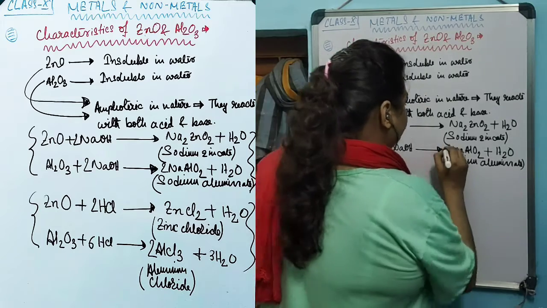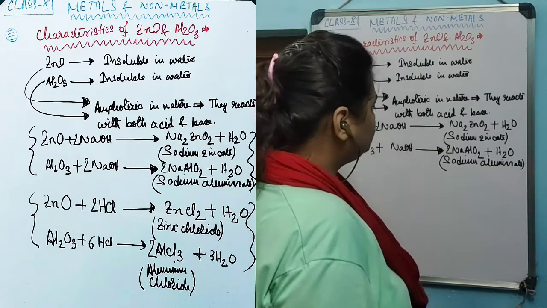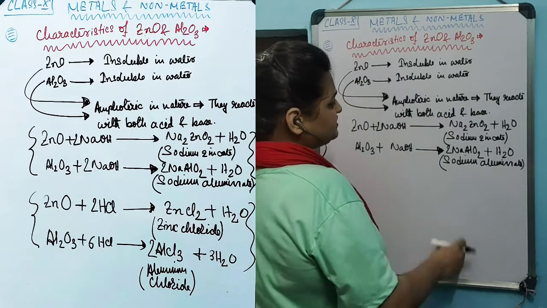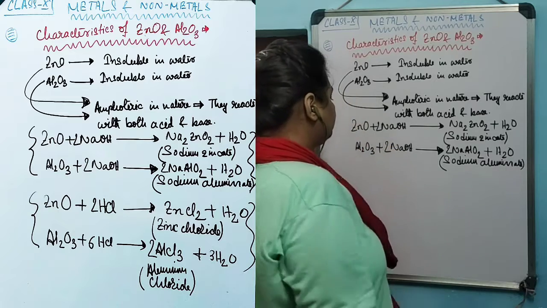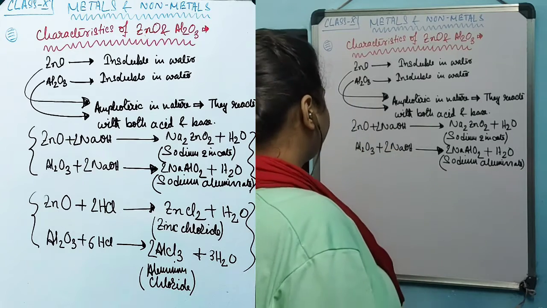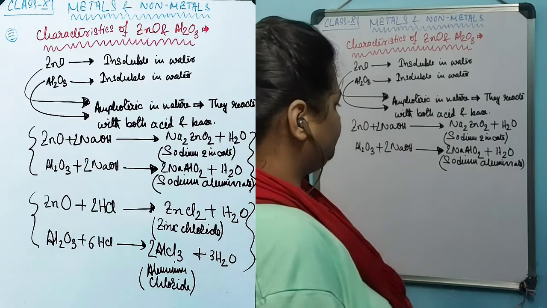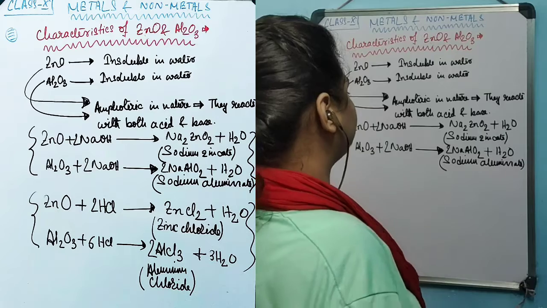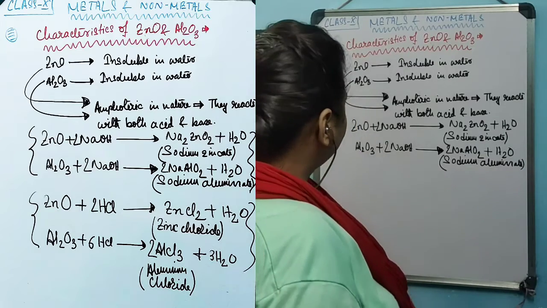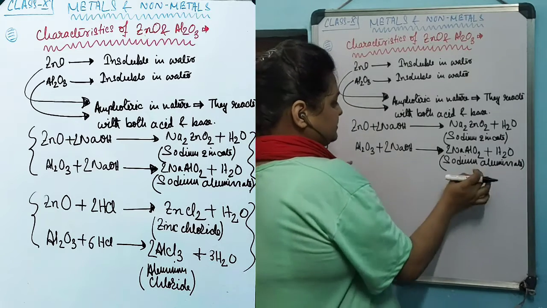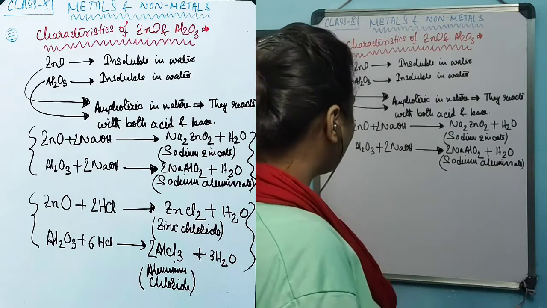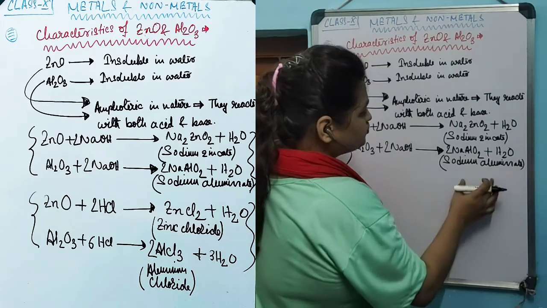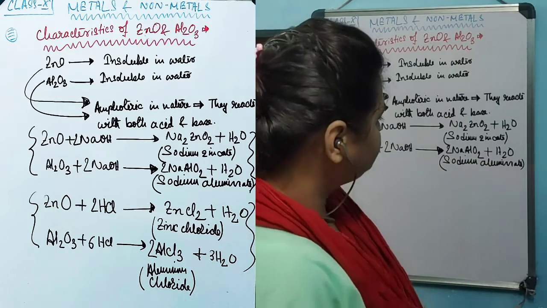To balance this, we multiply NaAlO2 by 2 on the right hand side. This balances the sodium by multiplying NaOH by 2 on the left hand side. 2 aluminium on both sides, 5 oxygen on both sides, and 2 hydrogen on both sides. So this is the balanced chemical reaction when aluminium oxide reacts with sodium hydroxide, producing sodium aluminate and water.